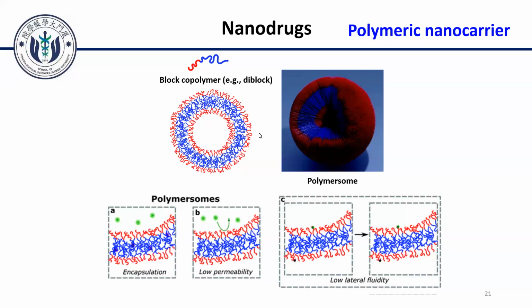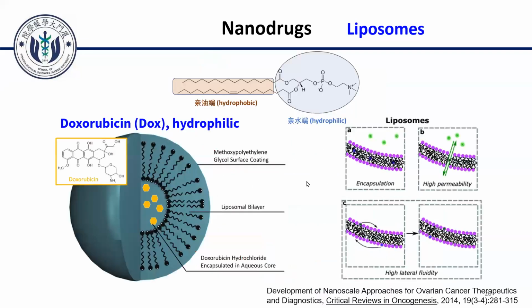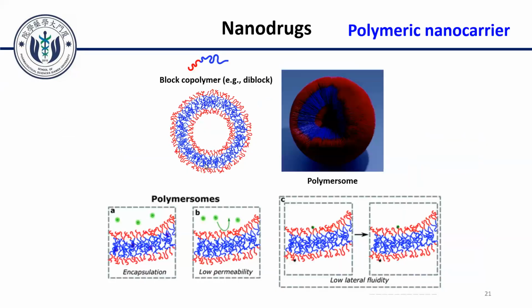For example, the liposomes may be stable in aqueous solution for one week. If you would like to store them longer, you probably need to store them at minus 80 or lower temperature. But polymersomes can easily be stored at room temperature. The problem is that since the layer is entangled by polymers, they have low permeability for drugs.